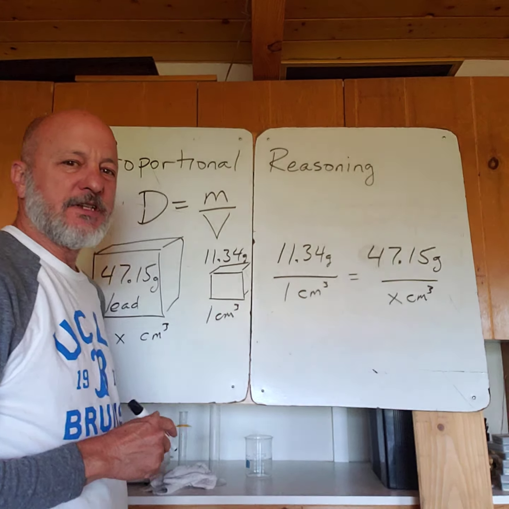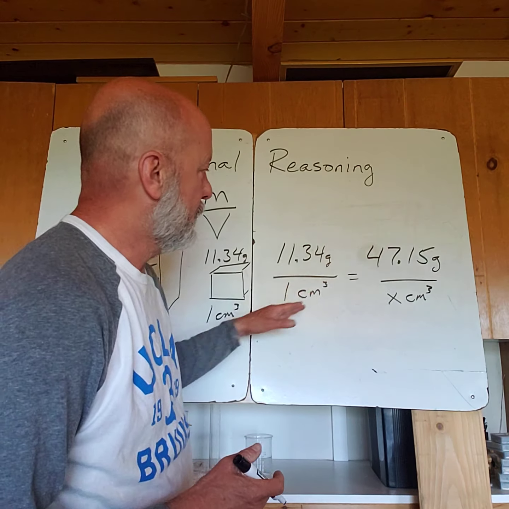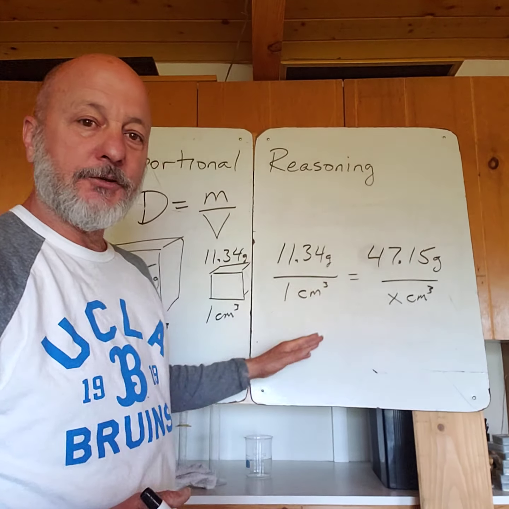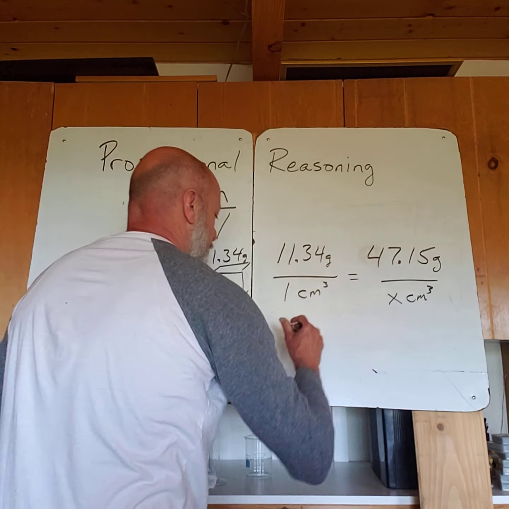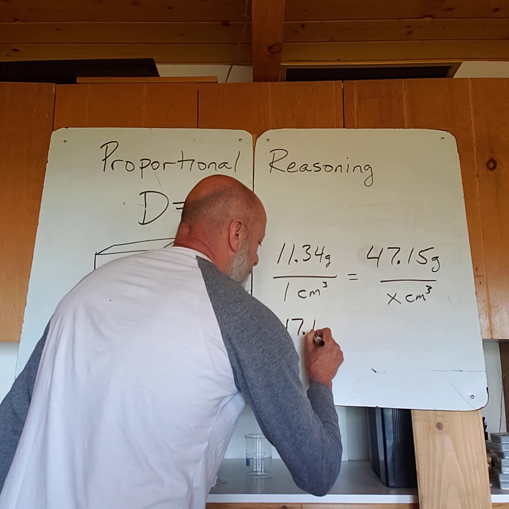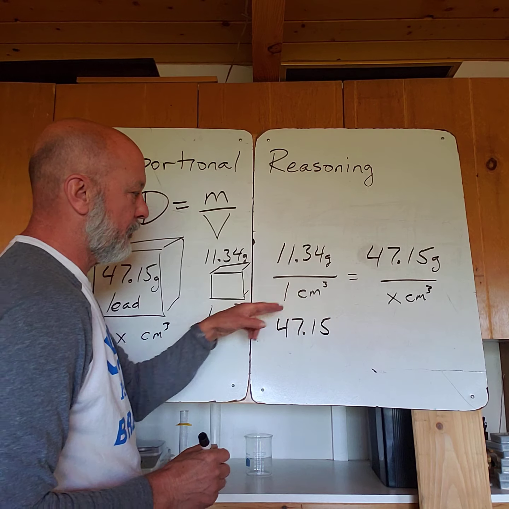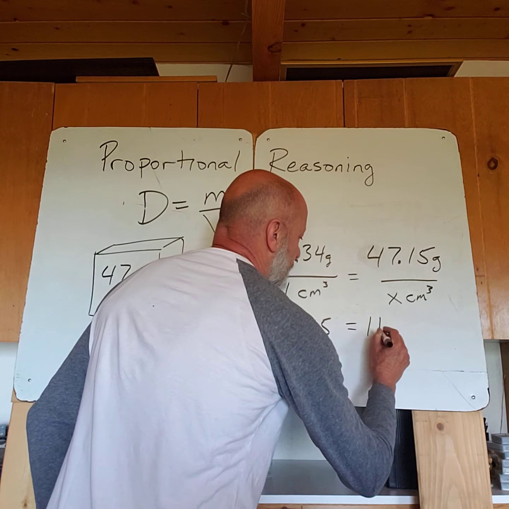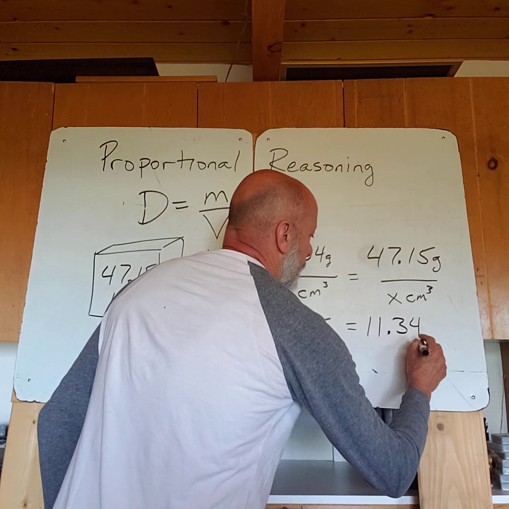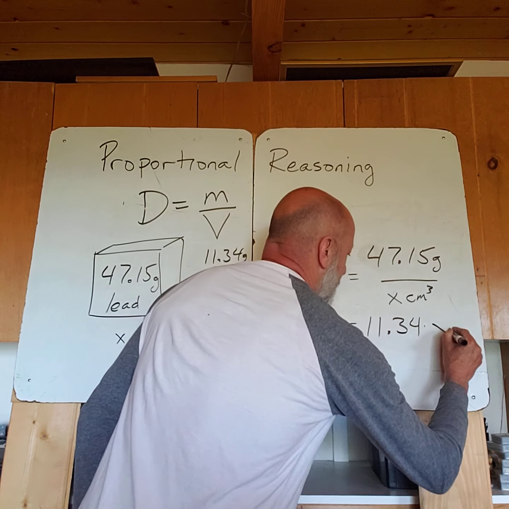So let me take you through the steps. I'm not always going to take you through each step. Cross multiply. How do we solve these? Cross multiply. Then 47.15, dropping the units momentarily, times 1, equals 11.34 times x.